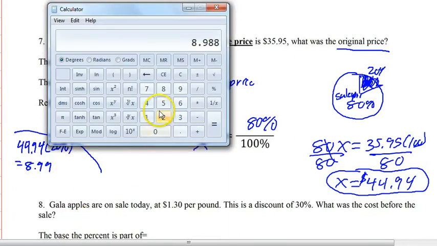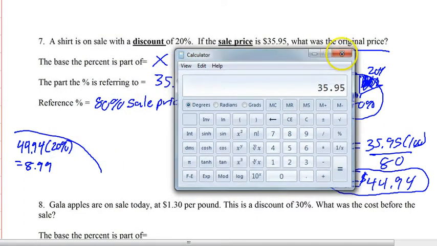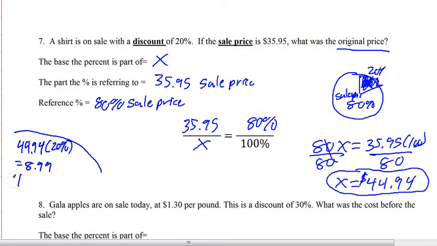Okay. Now if we subtract it, 44.94 minus 8.99 gives us $35.95. Dead on the sale price. There it is. Always check. We know how to find discounts fairly quickly, so check it at the very end to make sure it works, and it does.